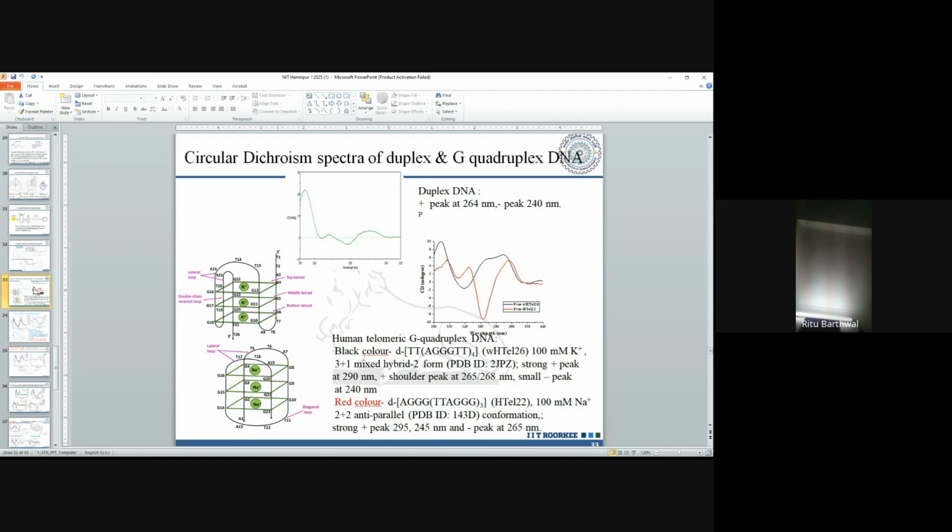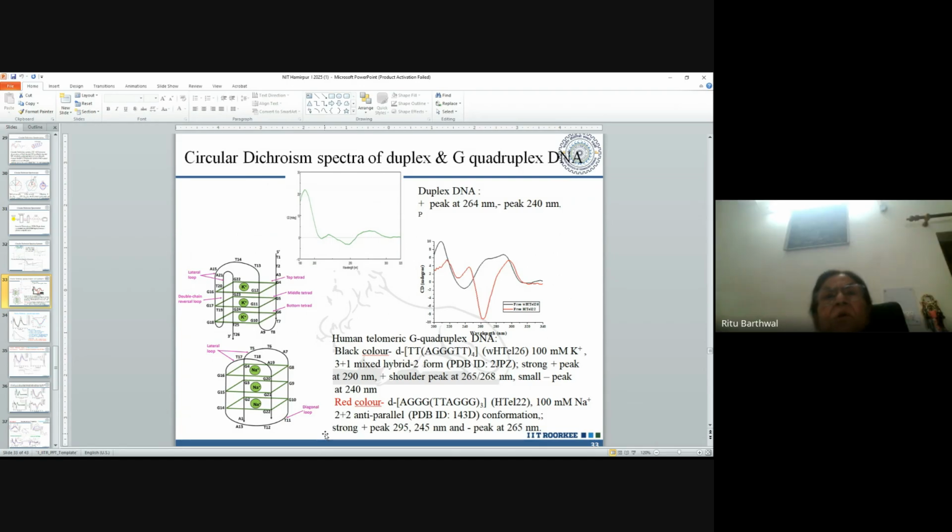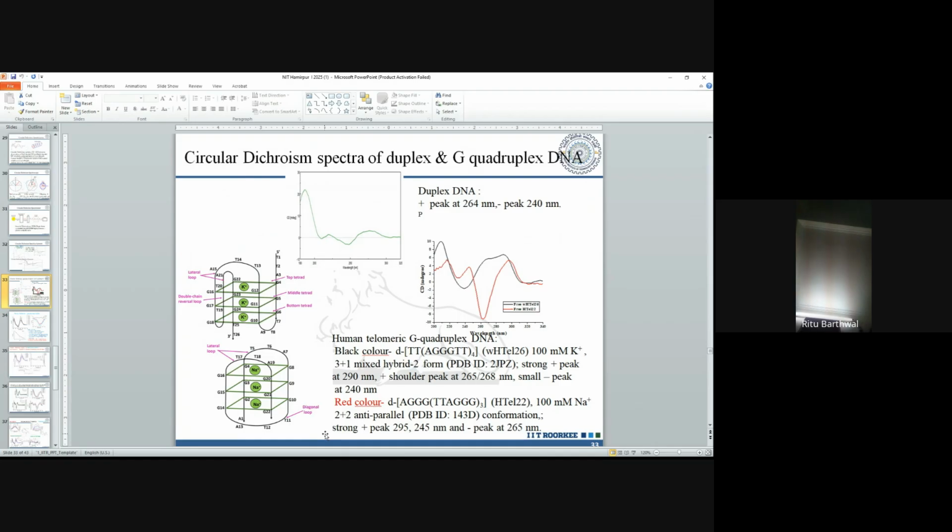So this is the 3+1 structure which I showed you, and this is the 2+2 structure which I showed you, red color. So the CD spectra are very different. If you take OD of this, OD will come out to be the same. Because if you use, let's say, 1 millimolar DNA, then both are 1 millimolar. It will give you the quantity. CD will tell you, do you have a 3+1 structure? Do you have a 2+2 structure? Or is your DNA duplex or single strand?